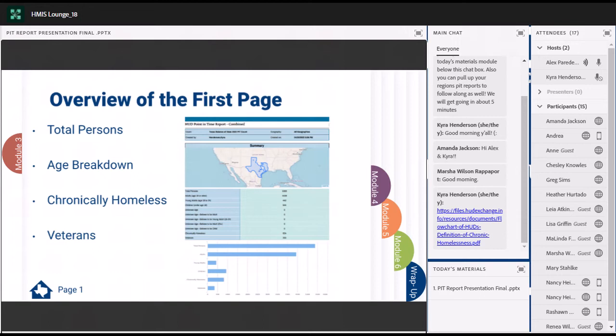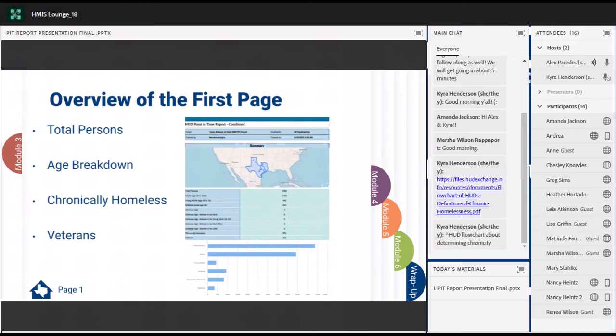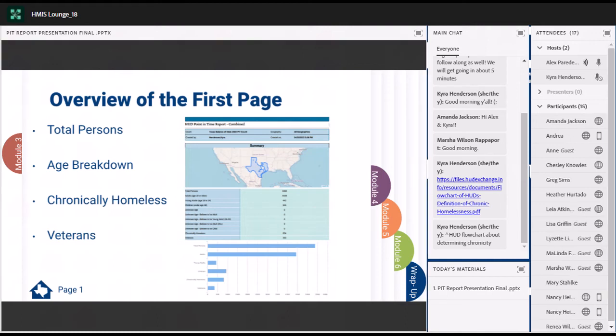This is because homeless youth, due to their age range of 18 to 24, are already included in the adults category since they're over the age of 18. So to find that total, all you have to do is add up the adults and the children. Below this population table, we can also see a bar chart of that population breakdown, including the subpopulations we just mentioned.